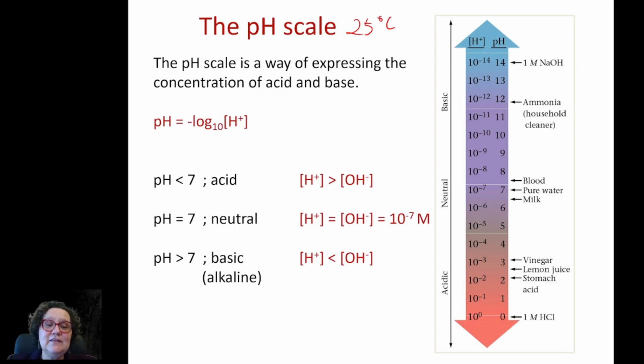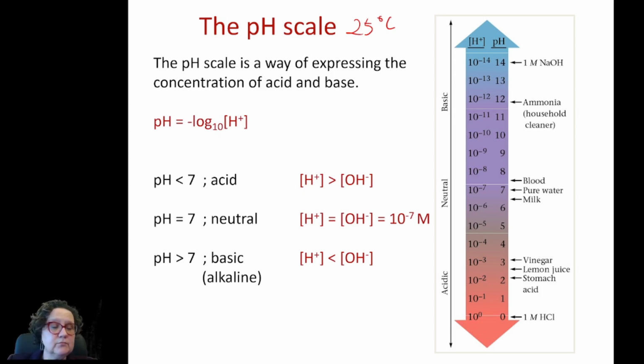If you have an acidic solution, you have more hydrogen ions than hydroxyl ions, so the pH is going to be smaller than 7: 6.9, 6, 5, 4, 3, 1, whatever. If you have a basic or alkaline solution, you have fewer hydrogen ions than hydroxyl ions, and your pH is going to be larger than 7.